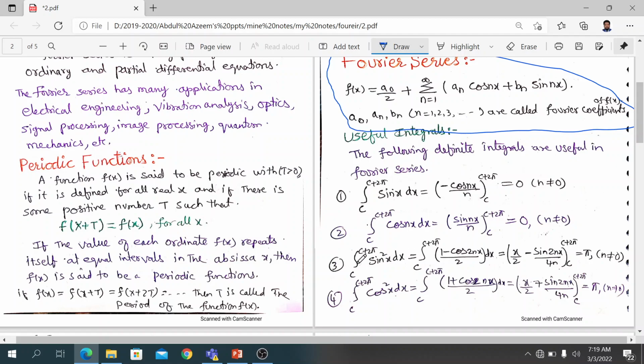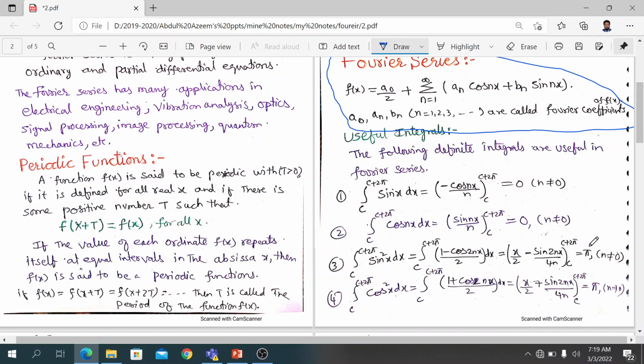Next, integration from c to c plus 2 pi of sin square nx dx. For sin square nx, we have the formula 1 minus cos 2nx by 2. So the integration of 1 is x, and the integration of cos 2nx is sin 2nx by 2n, and 2 times 2 is 4.